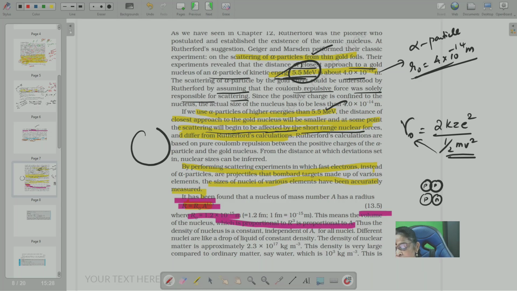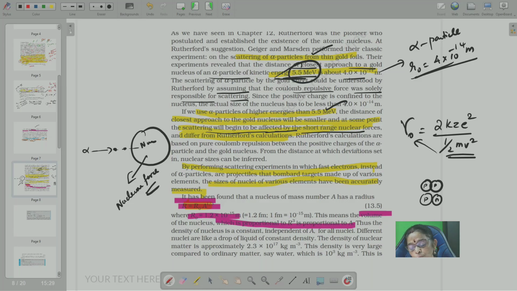Only up to some distance from the nucleus is there a possibility for the repulsive force to dominate the alpha particle. But when you come very close, the Coulomb's repulsive force weakens and the nuclear force escalates and dominates. What are nuclear forces? That we are going to study now.